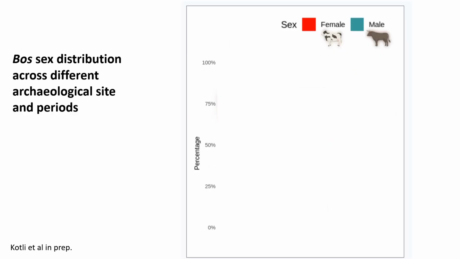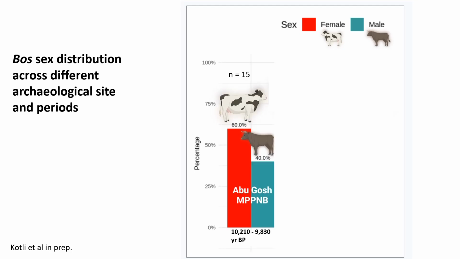And let's talk about the important things, the sex ratio, what I found in the archaeological samples. First, for the archaeological sample of Abu Ghosh, in the middle pre-pottery Neolithic B, we see 60% female and 40% male. This is not a male-dominated herd, we can say, right? The majority are females.